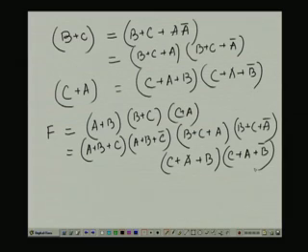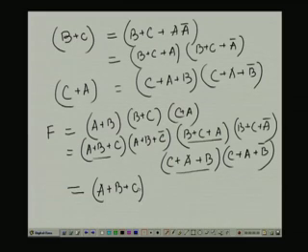Now, see here: A plus B plus C, A plus B plus C. So, x dot x equals x itself. Again from the basic postulates, this becomes A plus B plus C, and the remaining 3 terms will be there.